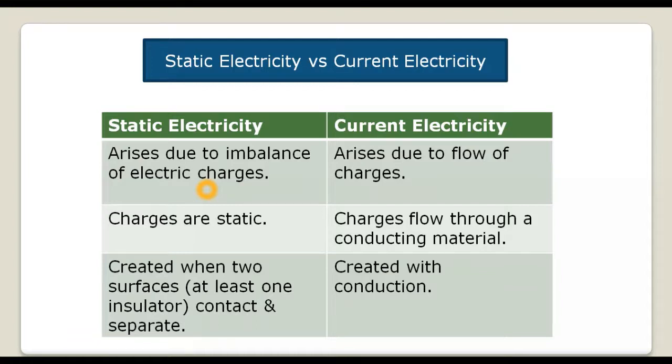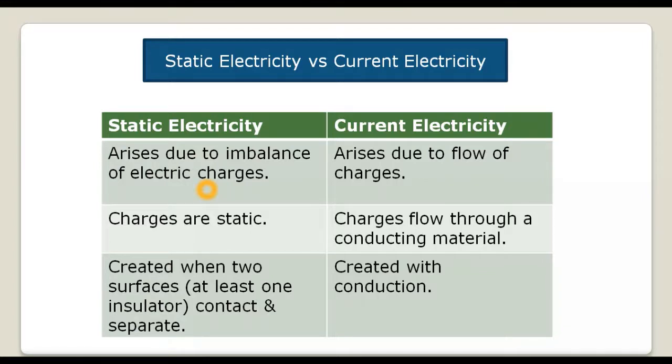For example, when an object acquires additional electrons, it becomes negatively charged. And whenever an object loses some electrons, it becomes positively charged. And whenever positive and negative charges are not well balanced, we say that the object is electrically charged. So that is, in simple terms, what we call static electricity.